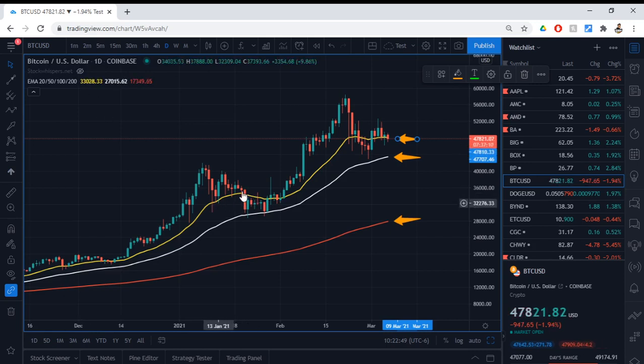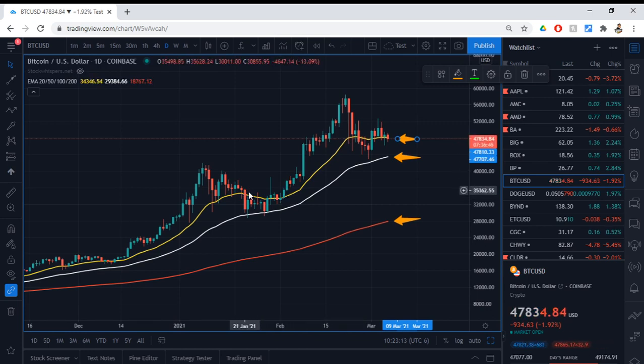So a 20-day moving average is what we consider a scalping moving average. It's a very short term moving average. It calculates the average price of the last 20 candles. So with this, we can say, oh, I want to scalp the market.